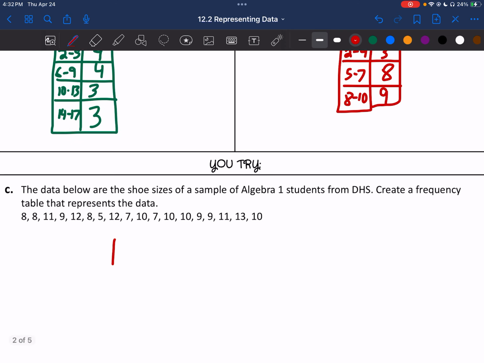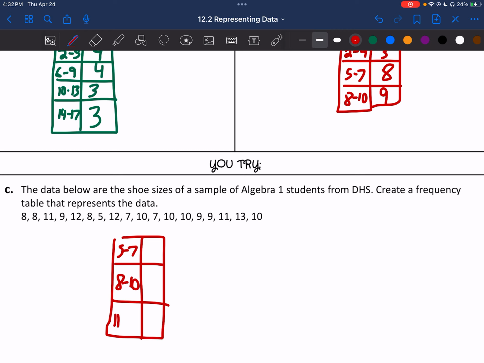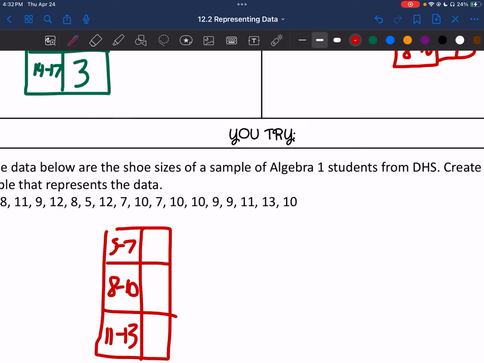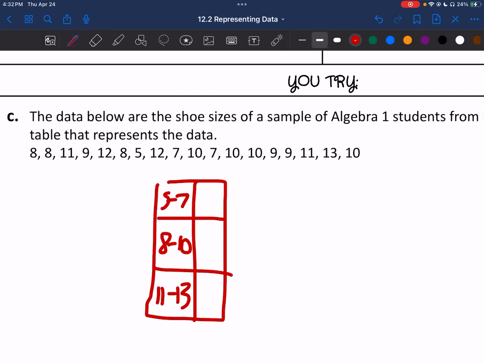So we're going to do, and you can make your graph a little bigger. So we've got 5 through 7, 8 through 10, 11 to 13. All right, so small feet, 5 to 7. We have how many? We've got 1, 2, 3 people that have 5 through 7.